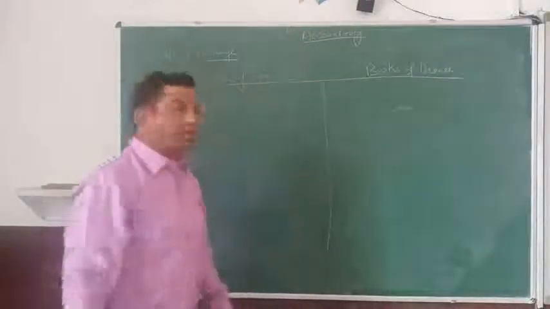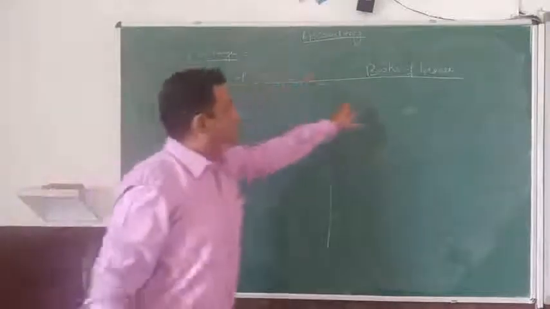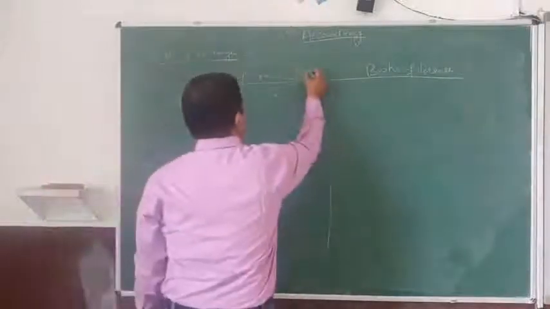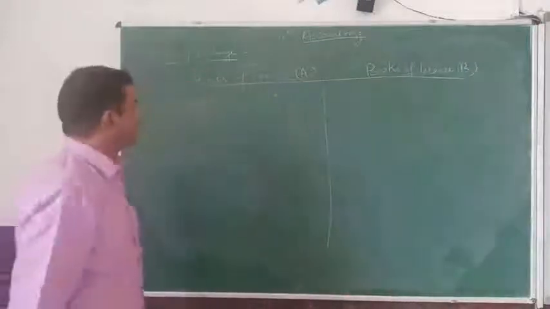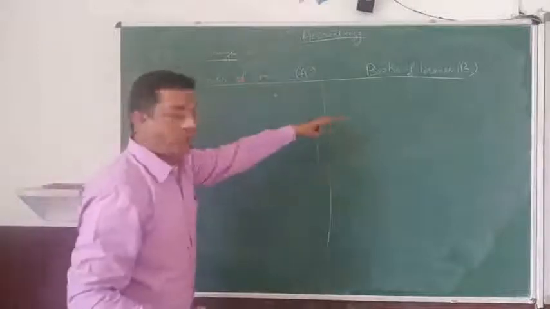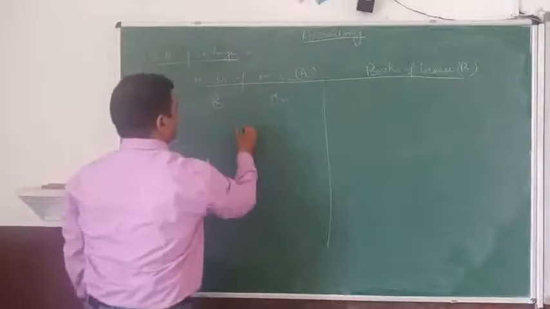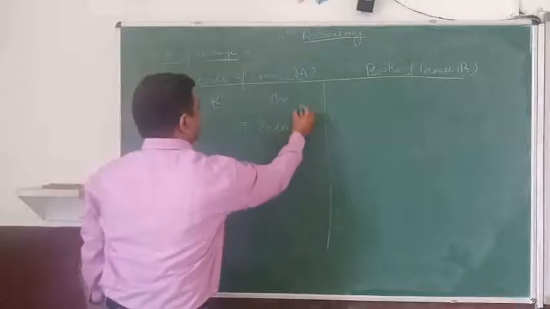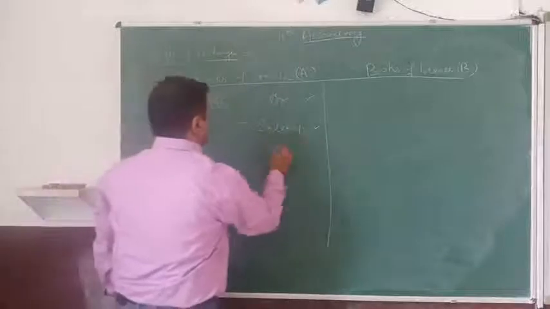The very first entry is for goods sold by the drawer and goods purchased by the drawee. Suppose I am taking A is drawer and B is drawee. When the goods are sold by A to B, the entry is: B debit to sales, with amount, being goods sold.